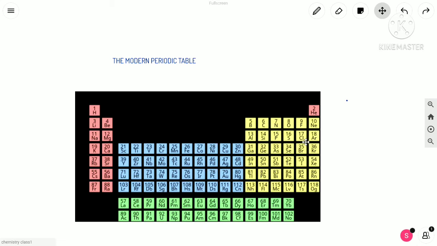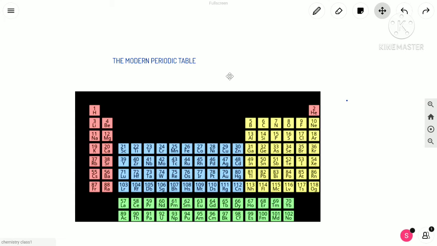The modern periodic table is the result of the effort of so many scientists. It still does not perfectly fit all the elements in it, but it does the job pretty well.